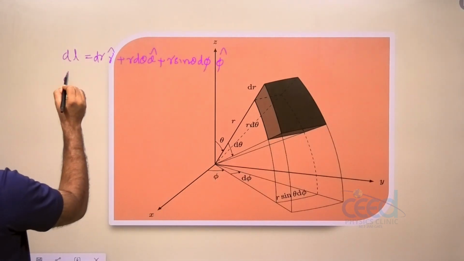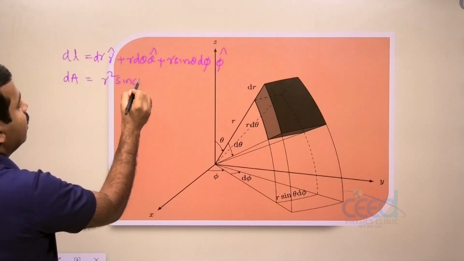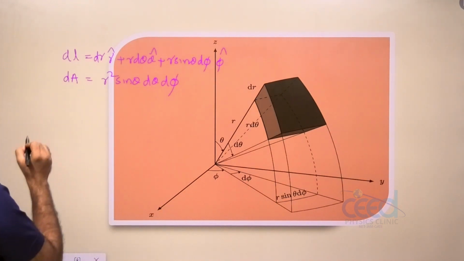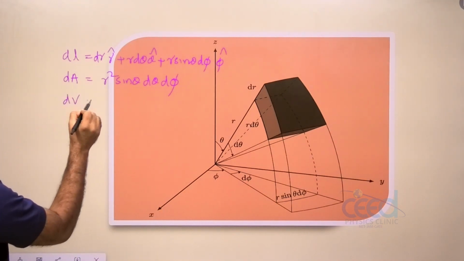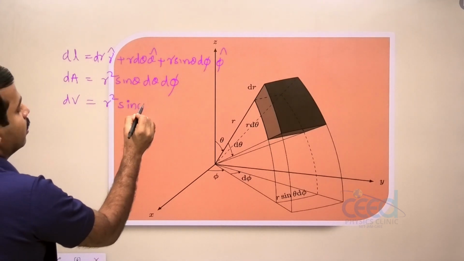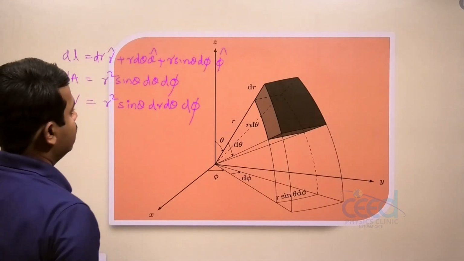What is the area element we represented? r square sin theta d theta d phi, right. What is the volume element we represented? r square sin theta dr d theta d phi, right.